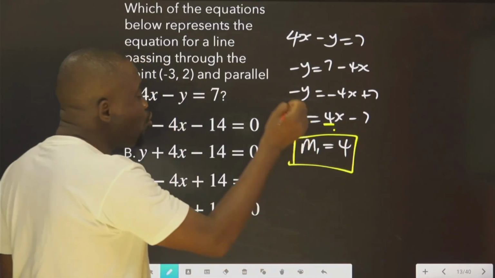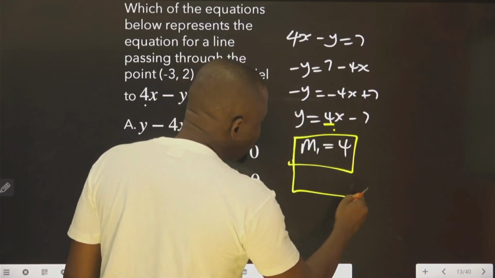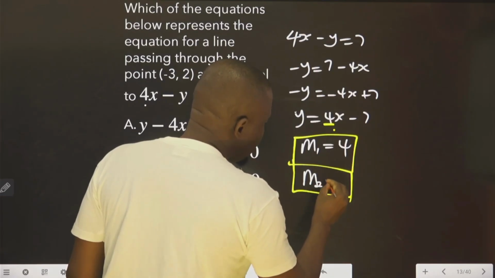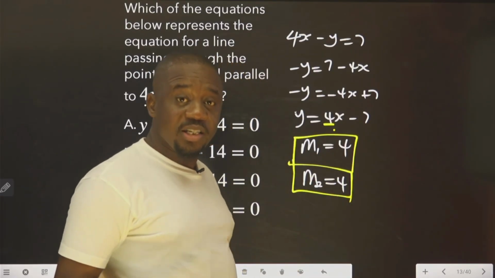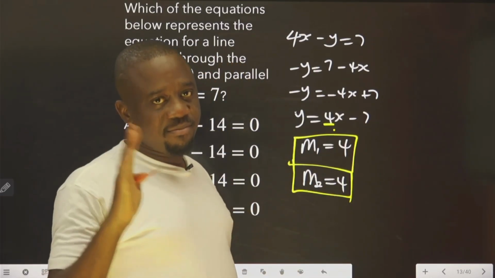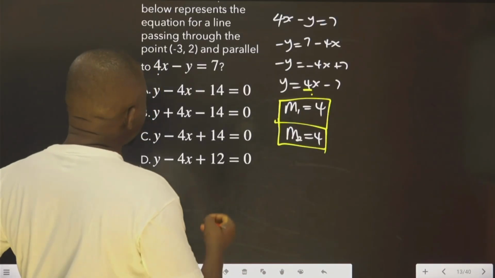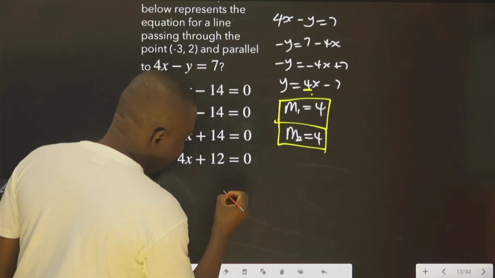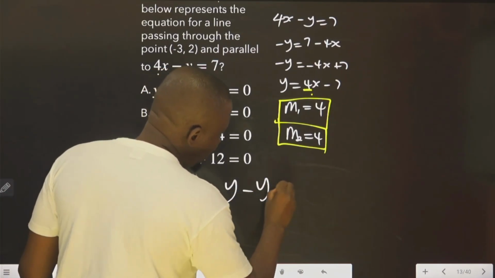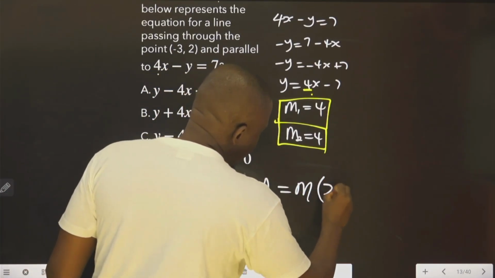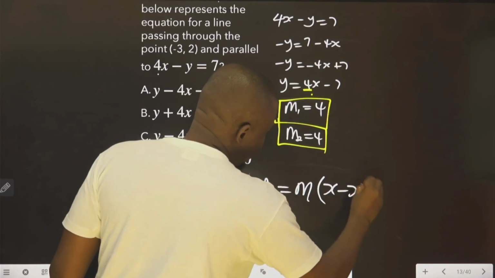It means the one we are looking for, the m2, slope 2, is also 4. Because they are parallel. Okay? We need to use the formula of the equation of a line to get the final answer. That is to say, y minus y1 is equals to m times x minus x1.